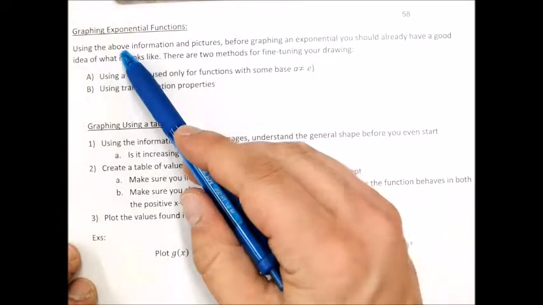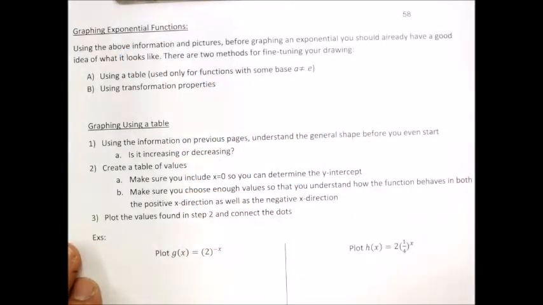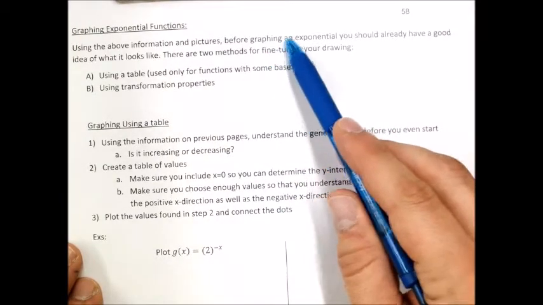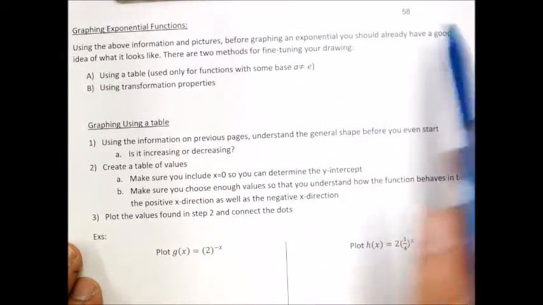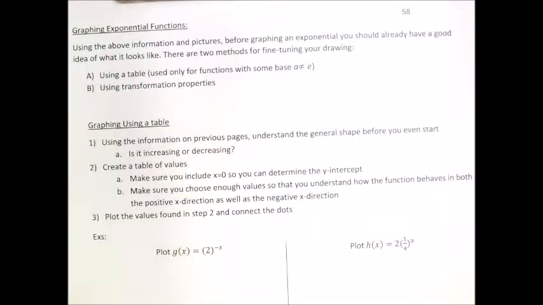So we can use the above information, like the stuff on the previous pages, so that before we even graph one of these things, we already have a good idea what it looks like. For example, if the base is bigger than 1, we know it's going to be increasing. If it's less than 1, we know it's going to be decreasing. So we already have an idea of how to do these things and what it's going to look like, and then we just want to fine-tune the graph a little bit and make it look a little bit better.